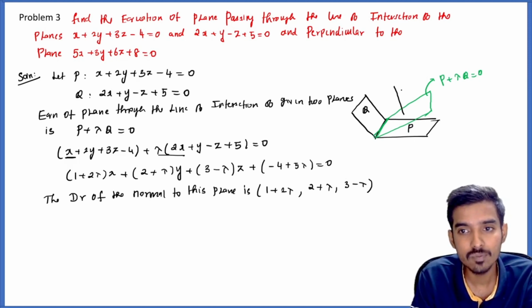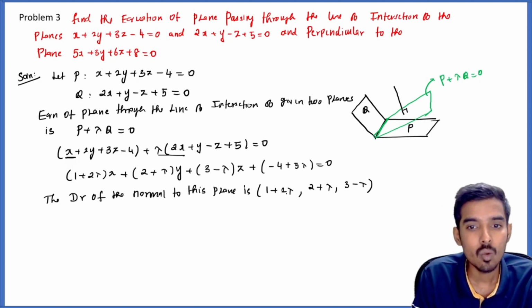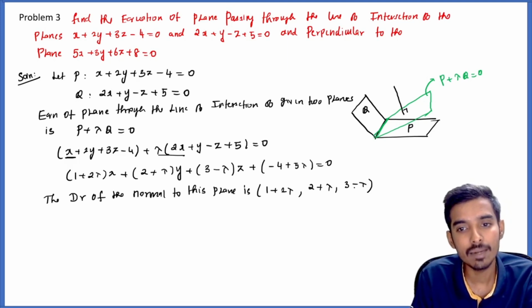Let us say this is the normal, which has direction ratio 1 plus 2 lambda, 2 plus lambda, 3 minus lambda.